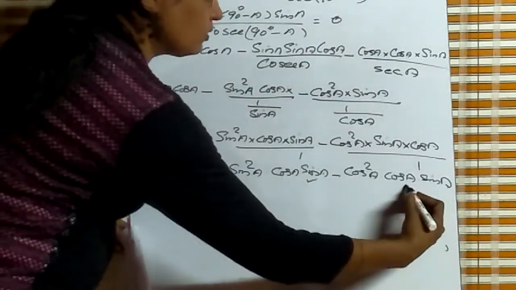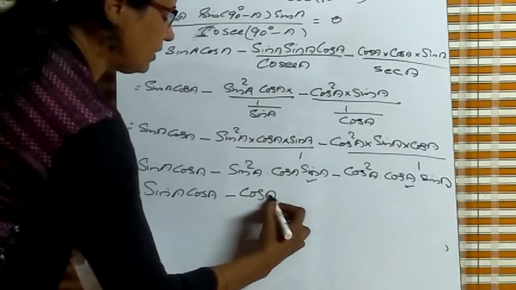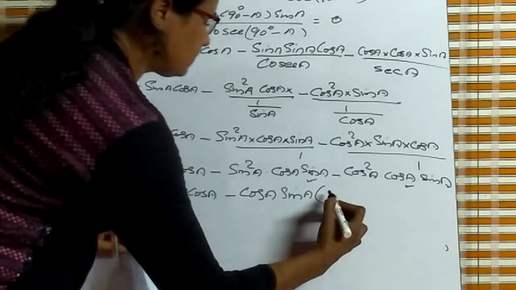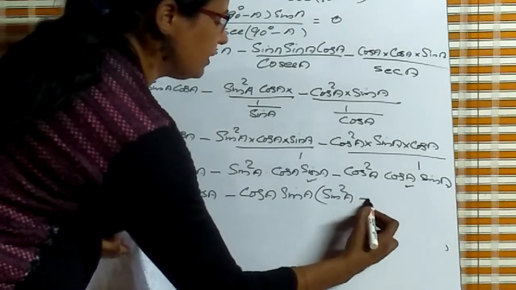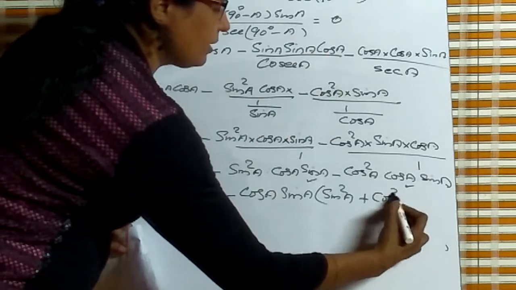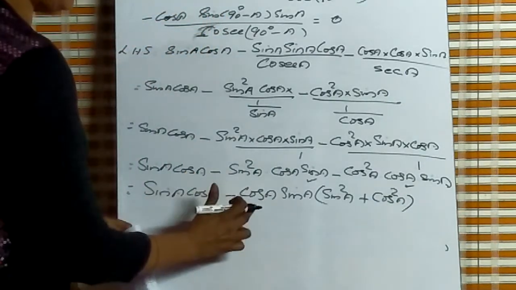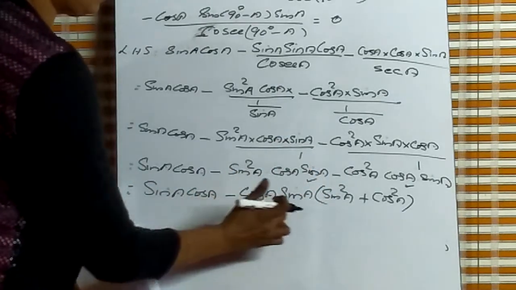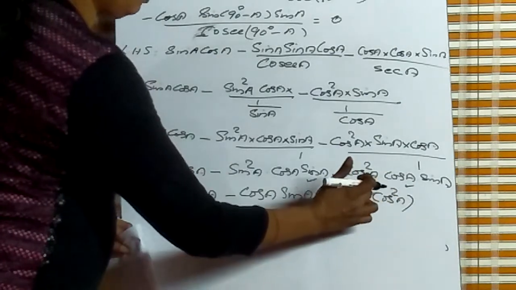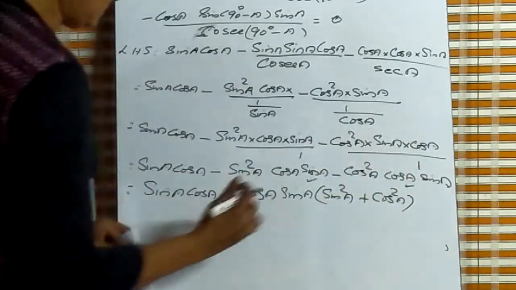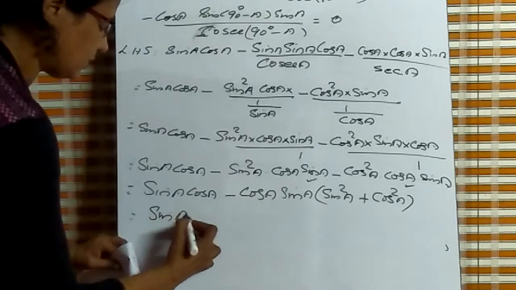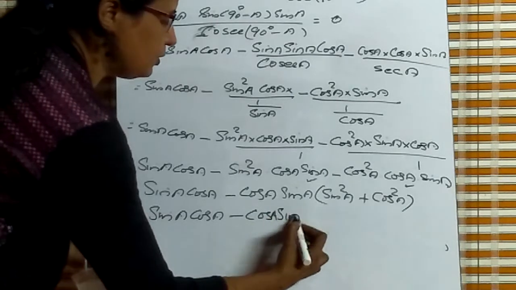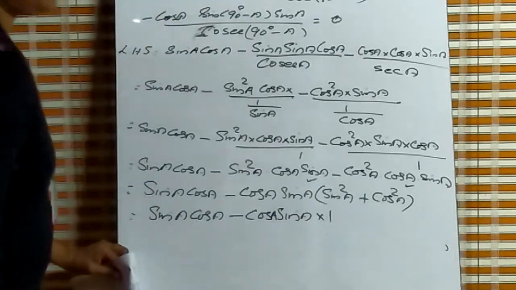Take cos A sin A common outside: sin A cos A minus cos A sin A into sin square A plus cos square A. What is sin square A plus cos square A? 1.